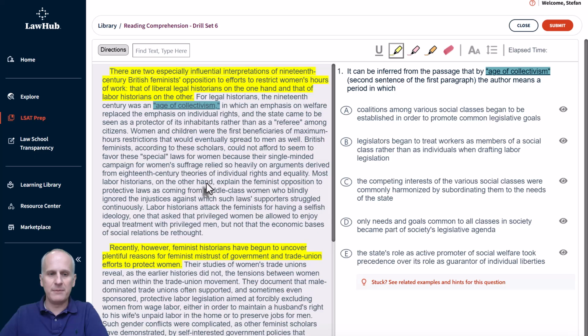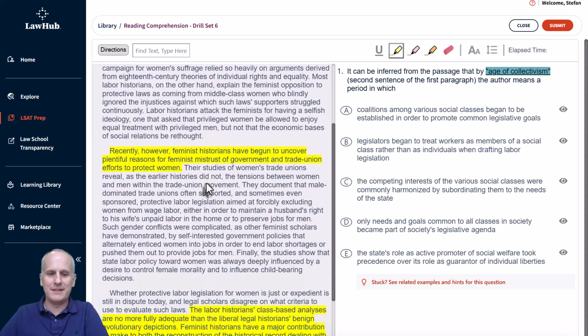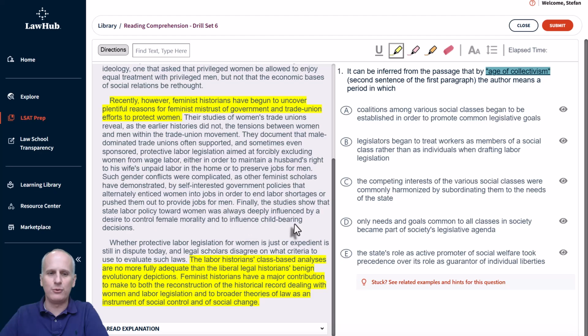So from the top, there are 2 especially influential interpretations of 19th century British feminists' opposition to efforts to restrict women's hours of work, that of liberal legal historians on the one hand, and that of labor historians on the other. Recently, however, feminist historians have begun to uncover plentiful reasons for feminist mistrust of government and trade union efforts to protect women.